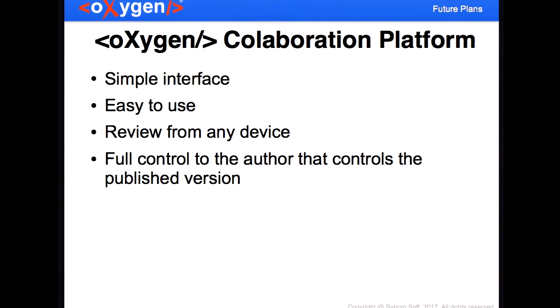Did you see the collaboration platform, everyone? Yeah. Well, basically that just allows you to obtain a link very easily from within oXygen that you can share with others. Working from any device allows the people that receive that link to access the document from a mobile phone maybe, or desktop, or wherever.